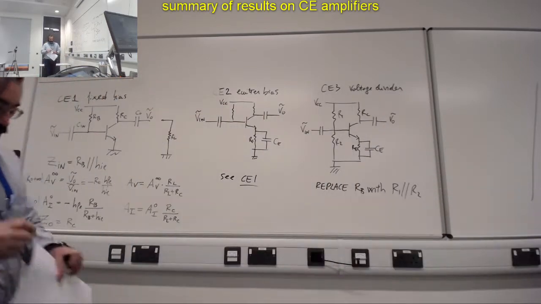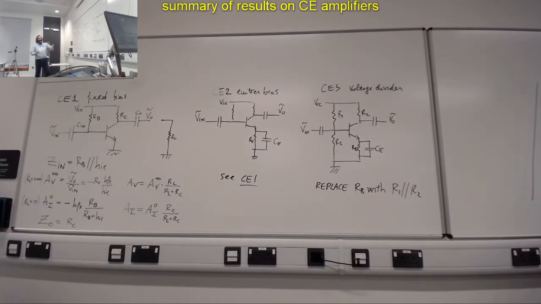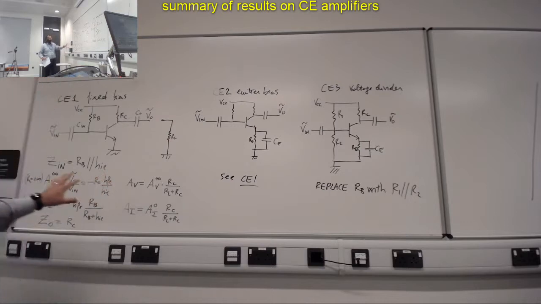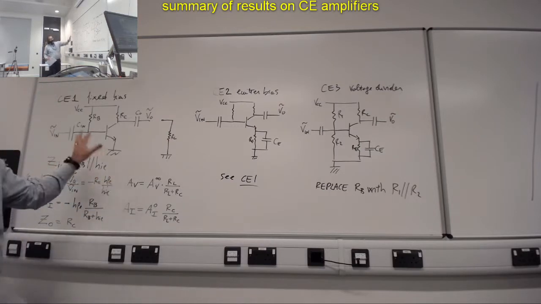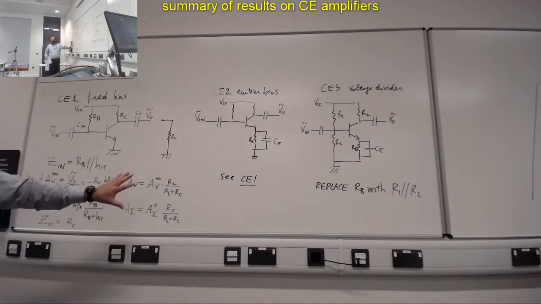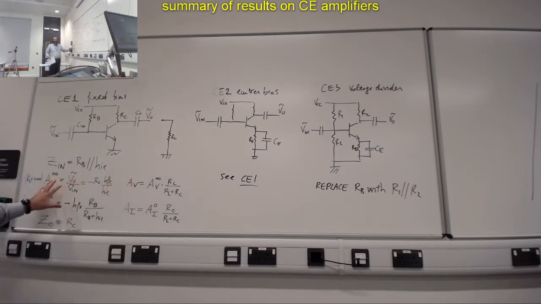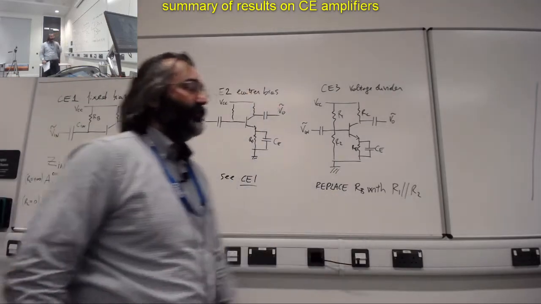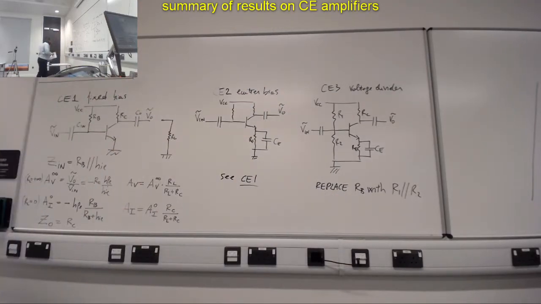Okay? So that's why I find this quite nice, because effectively you have three different configurations here, but more or less they use exactly the same formulas in the end. Just this thing to keep in mind.